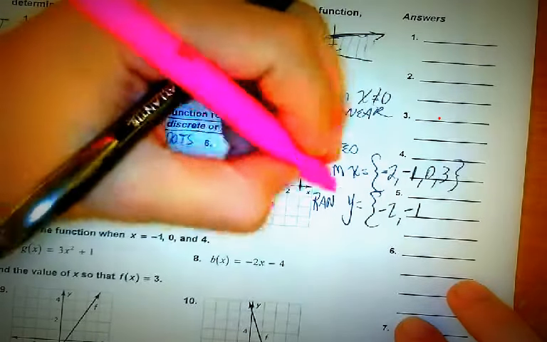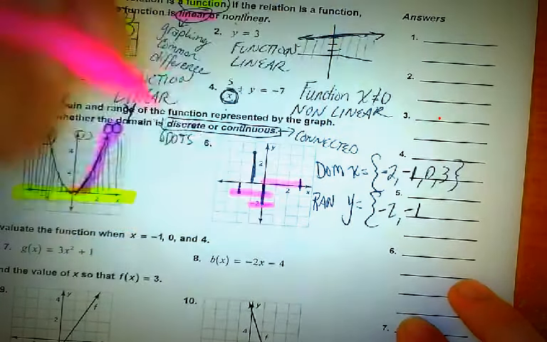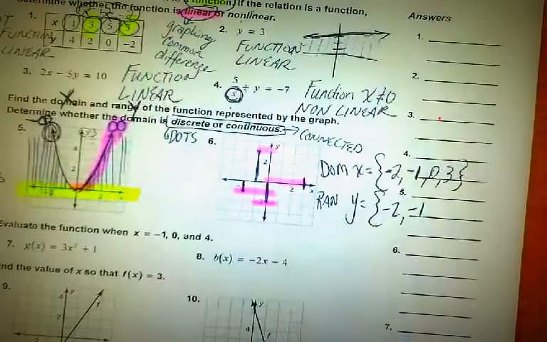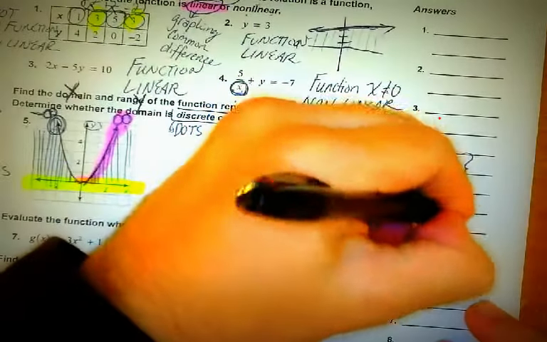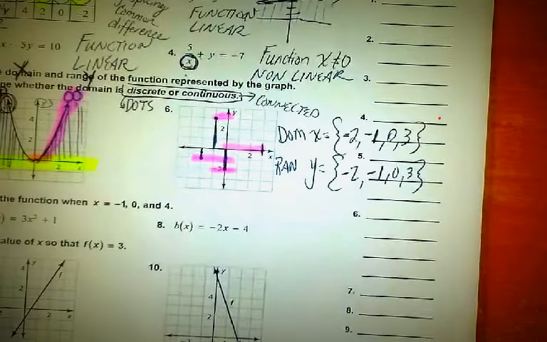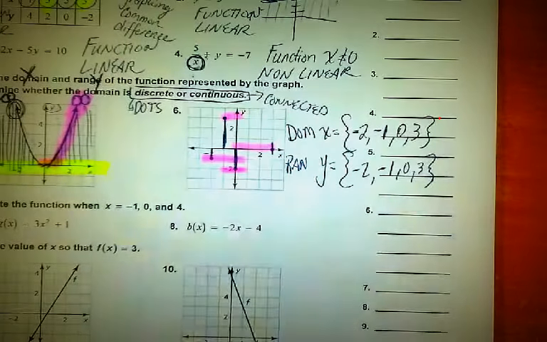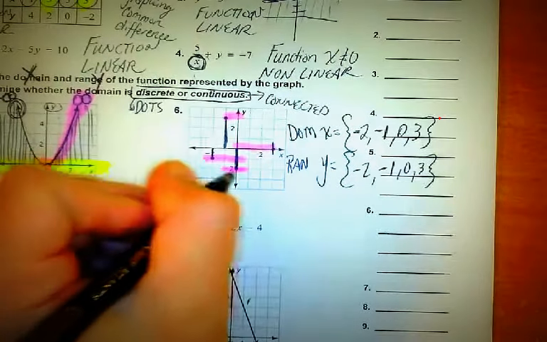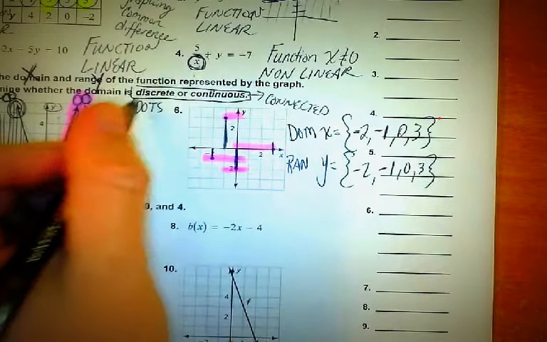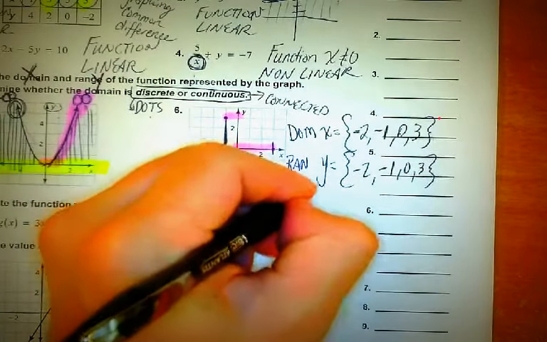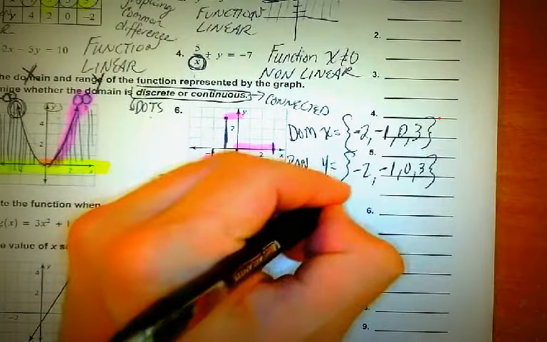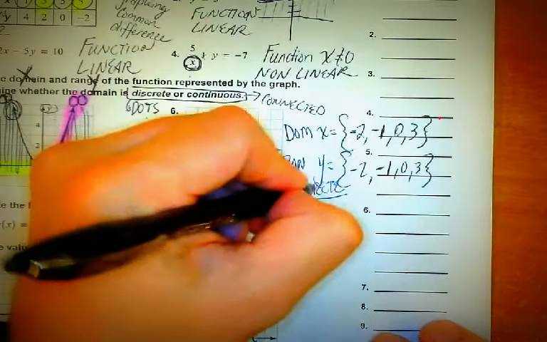A y value at 0. And 3. And again, because this is dots, we're going to call this discrete.